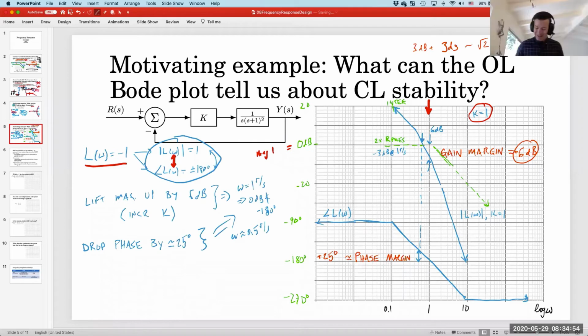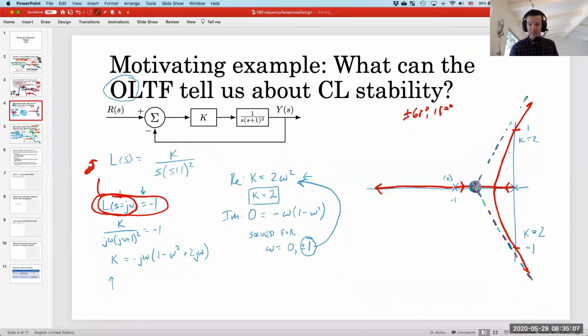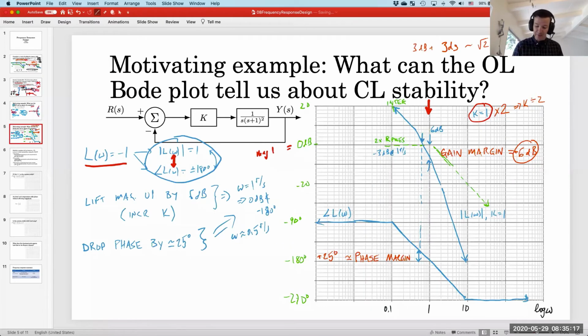Yes. So if I were to multiply this gain by 2, then we'd have k equals 2, and we'd have agreement with this plot. So we were able to confirm at least the gain crossover with the root locus. This backs that up.